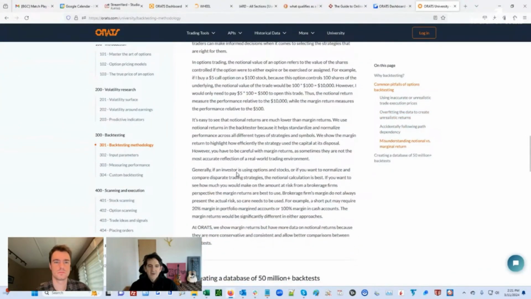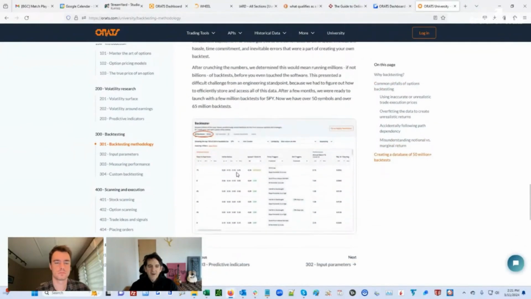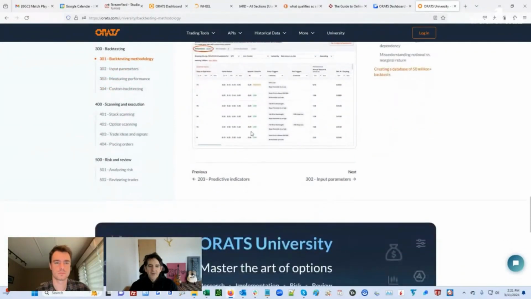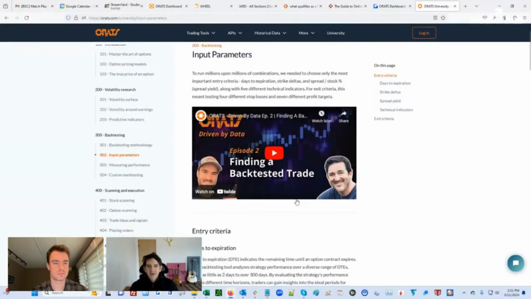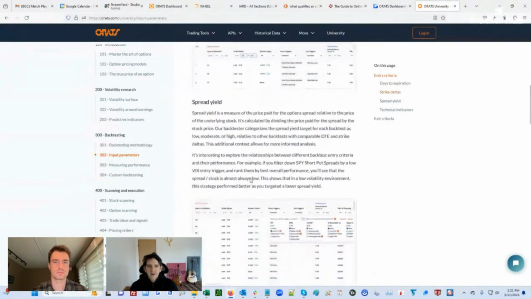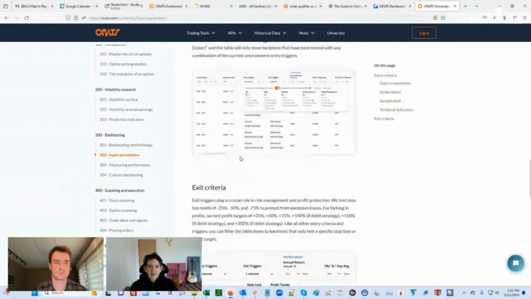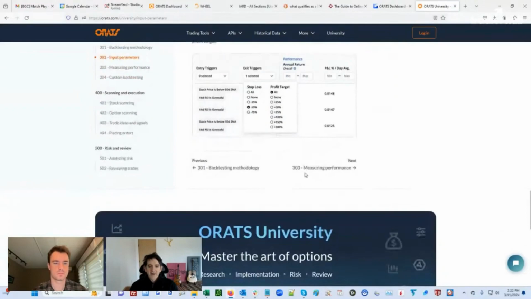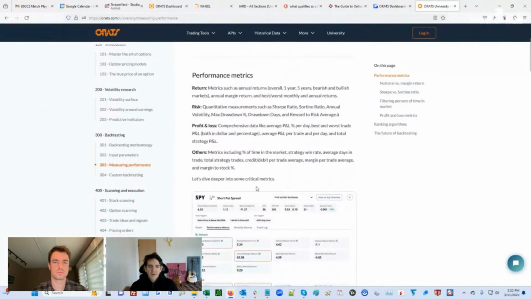And then there's just a ton of different articles that we've all condensed down and showed pictures and stuff on how to use this. We've embedded videos. And so, we're talking about the entry criteria, and explaining all those, the technical indicators, the major technical indicators, how you're exiting, and then how you're measuring performance. What do these all mean?